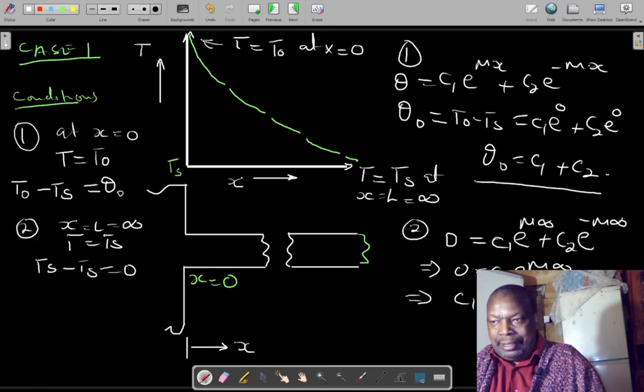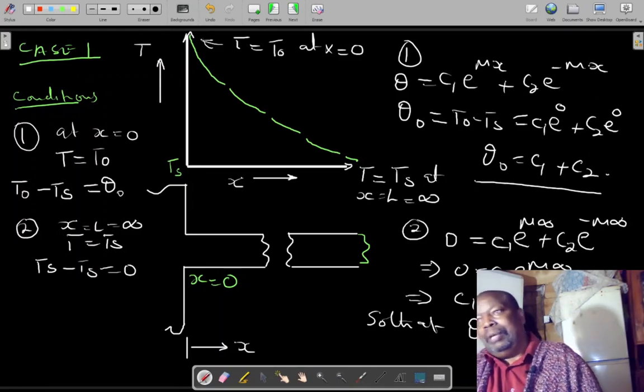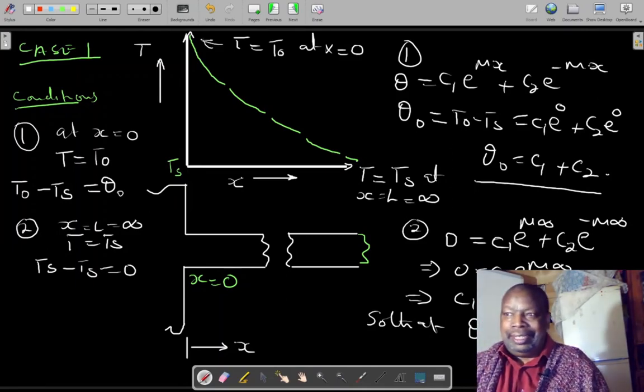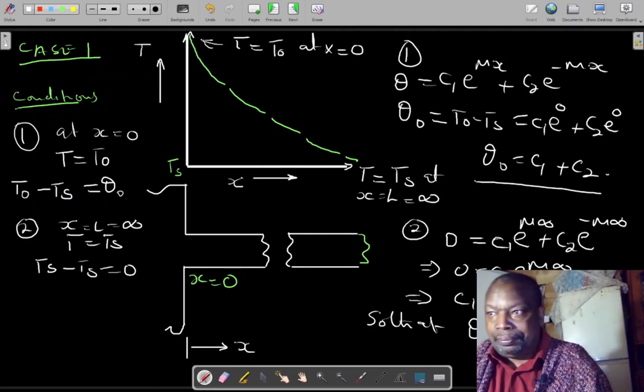And this means that theta naught is equal to C2, since C1 plus C2 is theta naught.